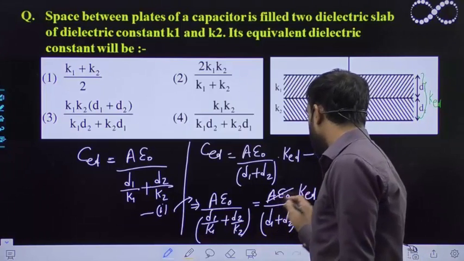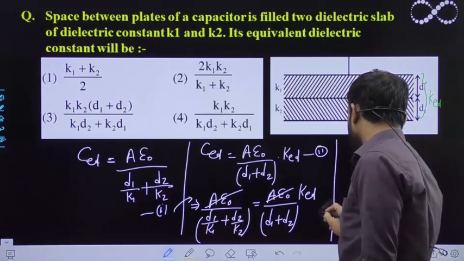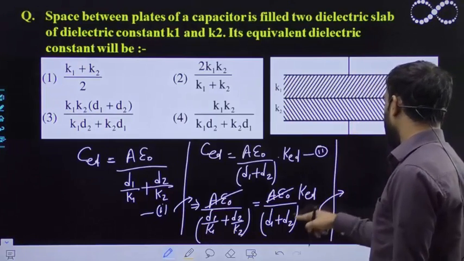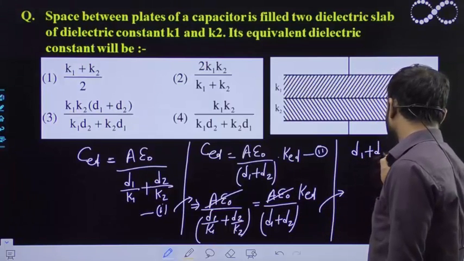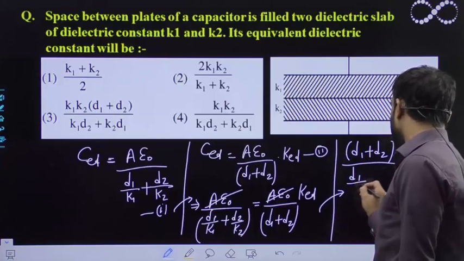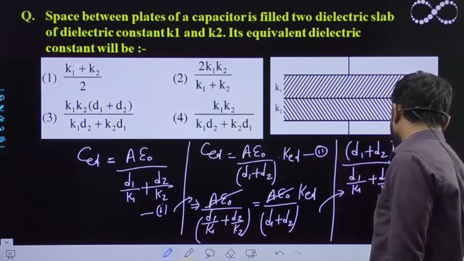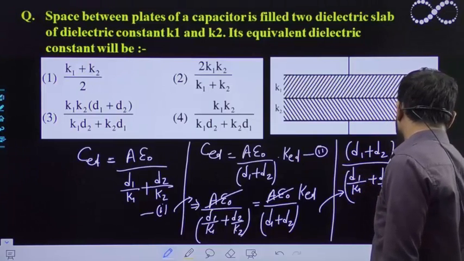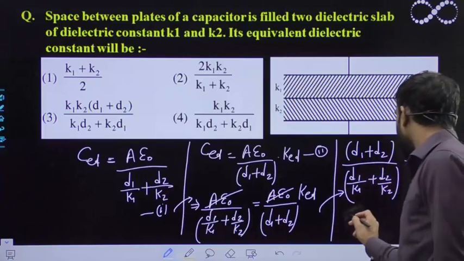So A epsilon naught will get cancelled out, and D1 plus D2 can be taken to the left hand side. So I will say D1 plus D2 divided by D1 by K1 plus D2 by K2, and that is equal to K equivalent.